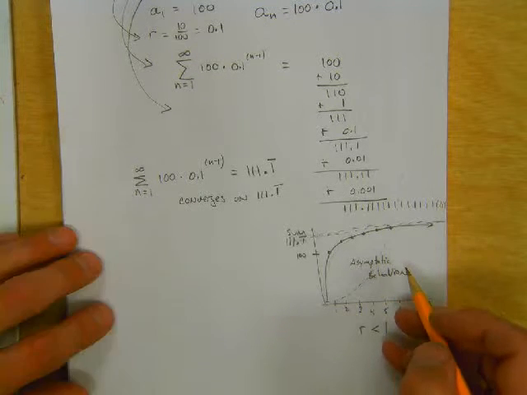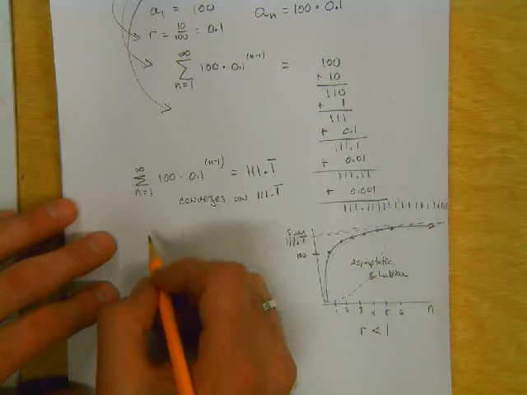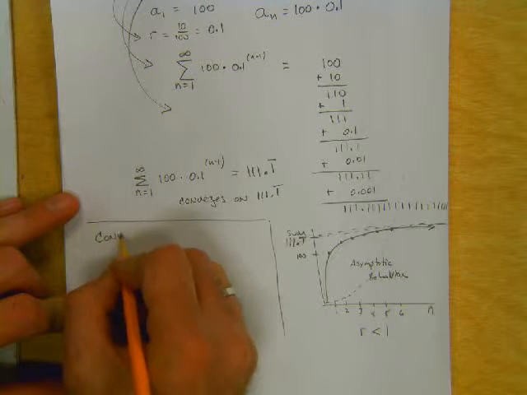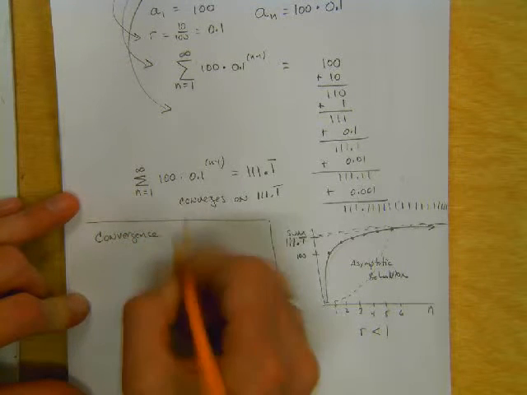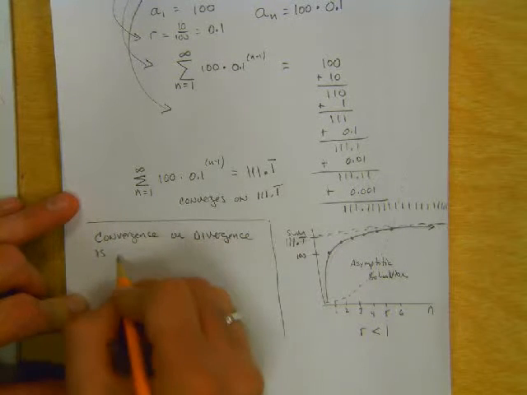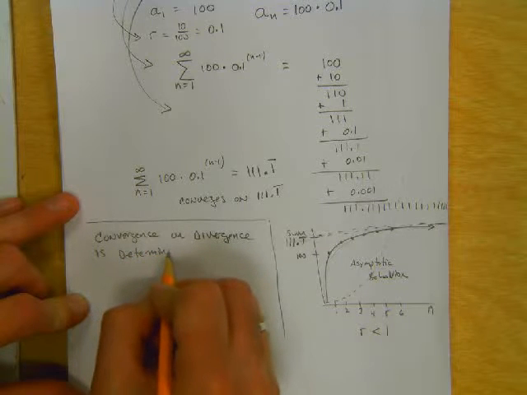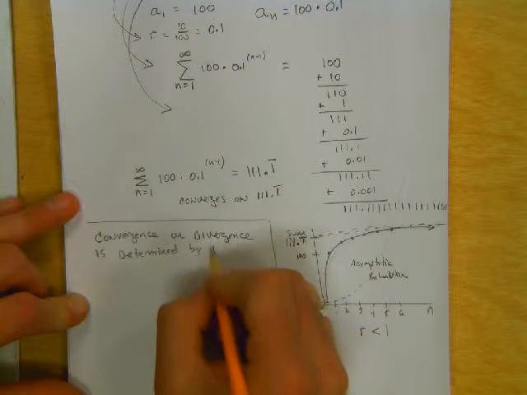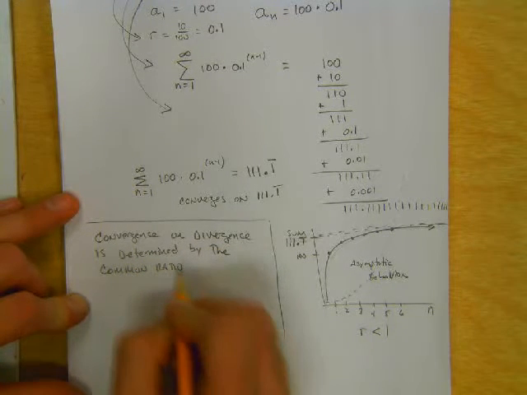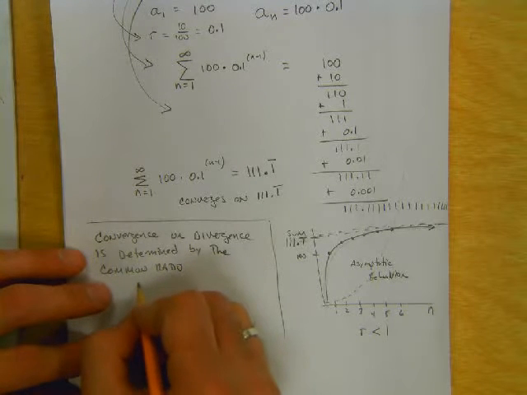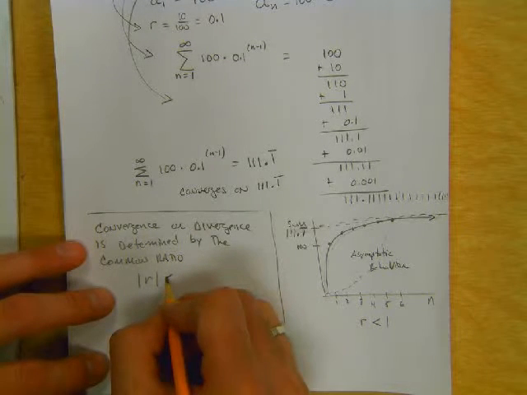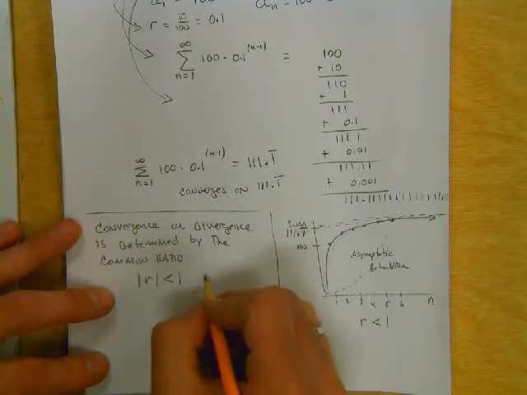And so there's a rule here, and it goes like this. Convergence or divergence is determined by the common ratio. And here's how it goes. If the absolute value of the common ratio is less than 1, the series converges.